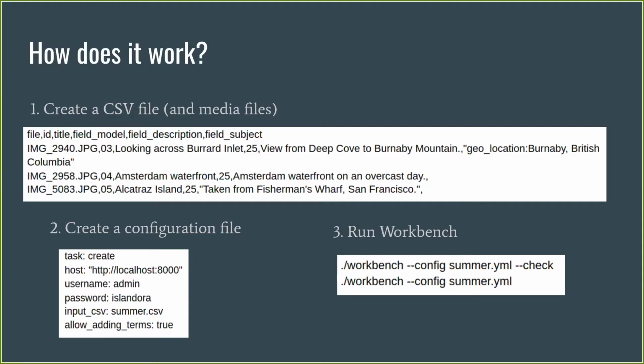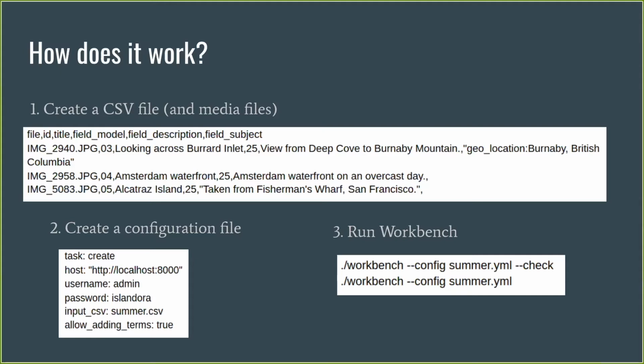So I'm populating my spreadsheet and my CSV file with taxonomy terms in the fields that I want to populate them with. And I'm using the labels because they don't exist yet. Islandora Workbench will create the taxonomy term on the fly for you. It will only create it once if you use it multiple times, using kind of soft, fuzzy pattern text string matching to make sure that you don't recreate the same term unnecessarily.